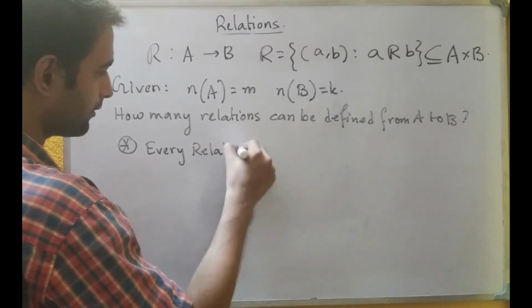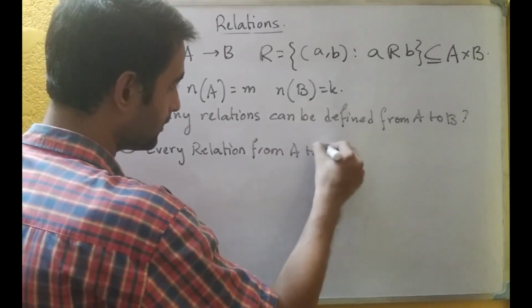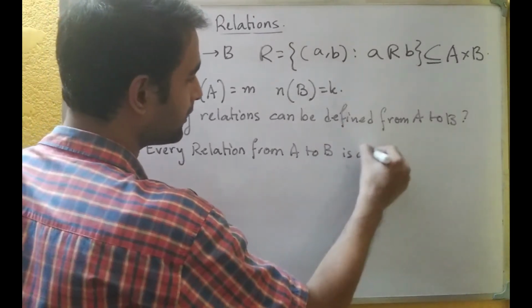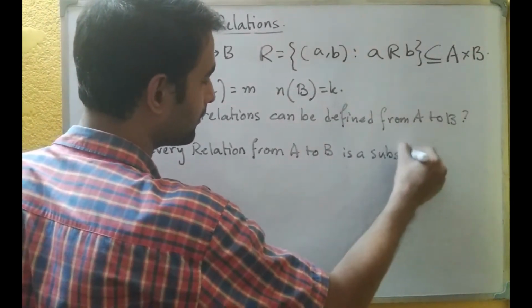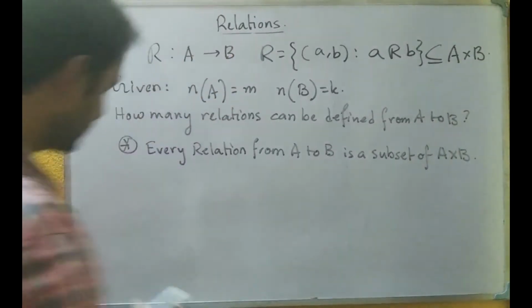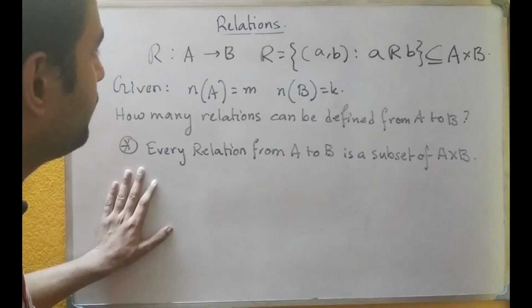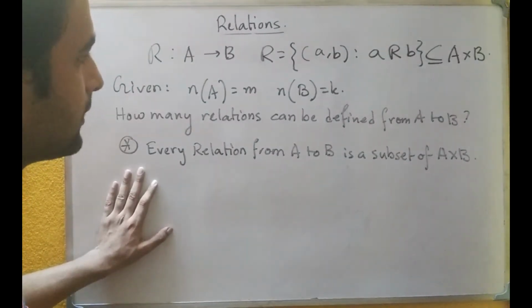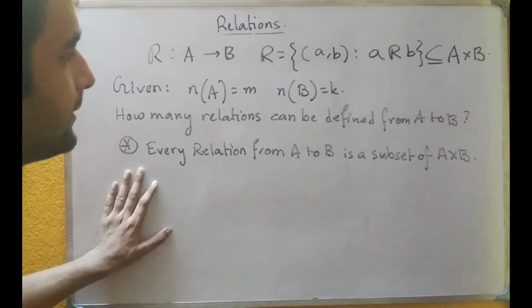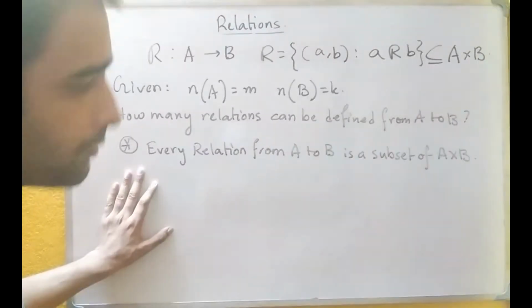Every relation from A to B is a subset of A cross B. So this statement is saying that if we count the number of relations from A to B, it is the same as if we count the number of subsets of A cross B.